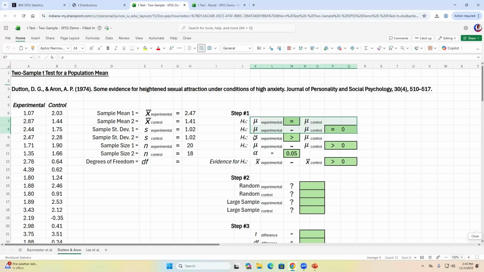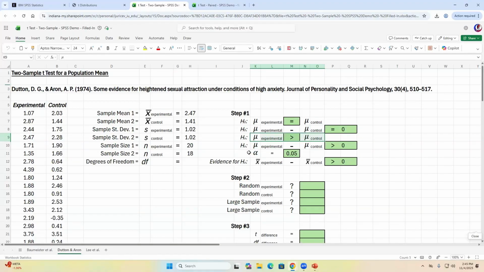And then we have the alternative hypothesis, and this is going to be a one-way alternative hypothesis because Dutton and Aron were basing their predictions on previous theories that showed that other heightened emotions were often misattributed as arousal. So they predicted that fear would also be misattributed as arousal.